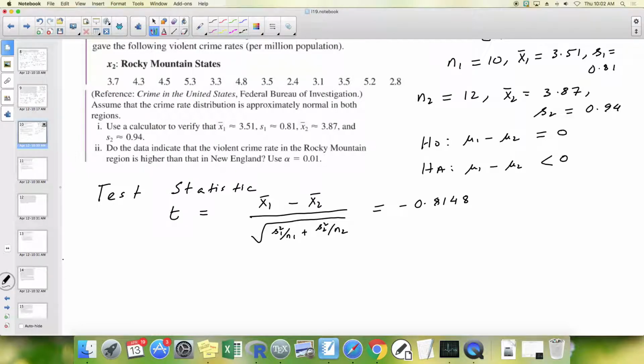Now, rejection region is our next order of business. So since it's a left tail test, our rejection region shall be T less than TC.